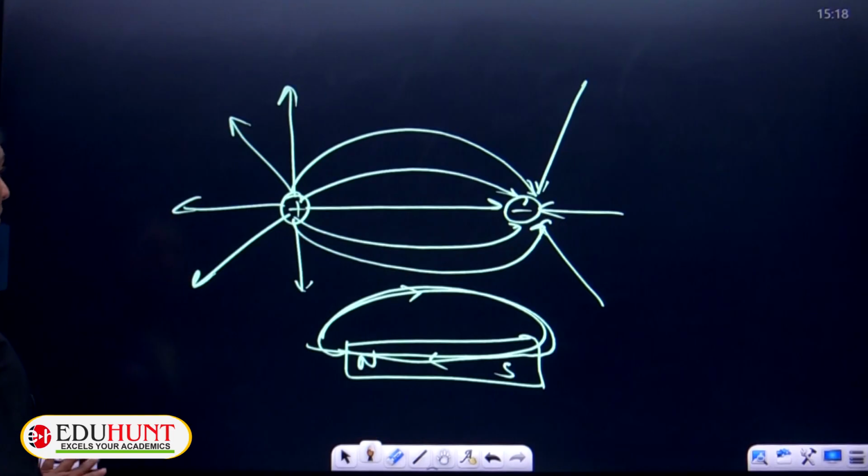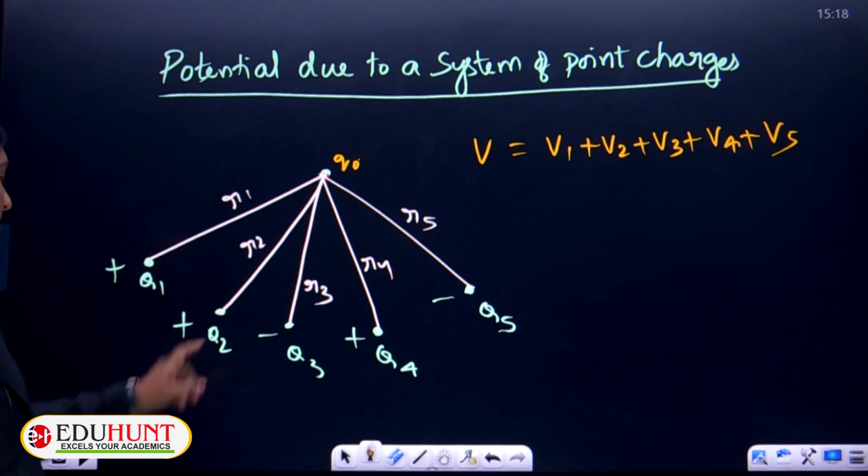Similarly, suppose you want to define the value of electric potential.